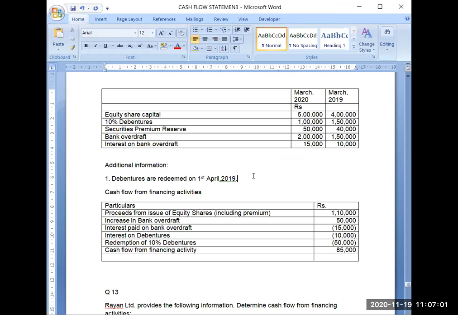The question says you have redeemed 50,000 rupees of debentures on 1st April 2019. So you have returned 50,000 at the beginning of the year. For the full year, we have used only 1 lakh rupees of debentures. So we will calculate 10% of 1 lakh in this situation. I hope this point is clear.